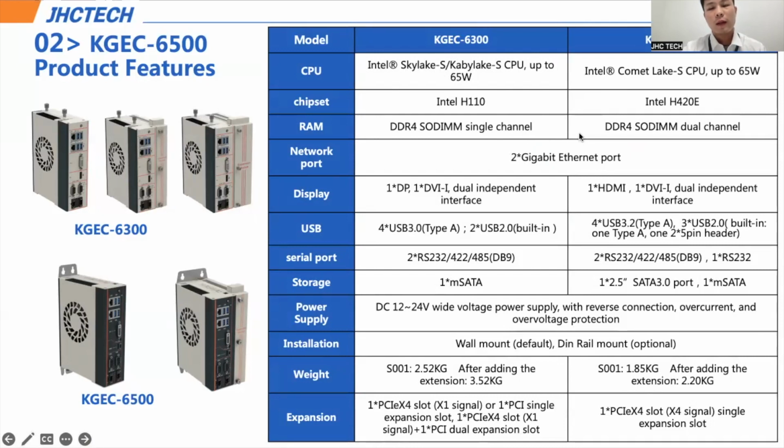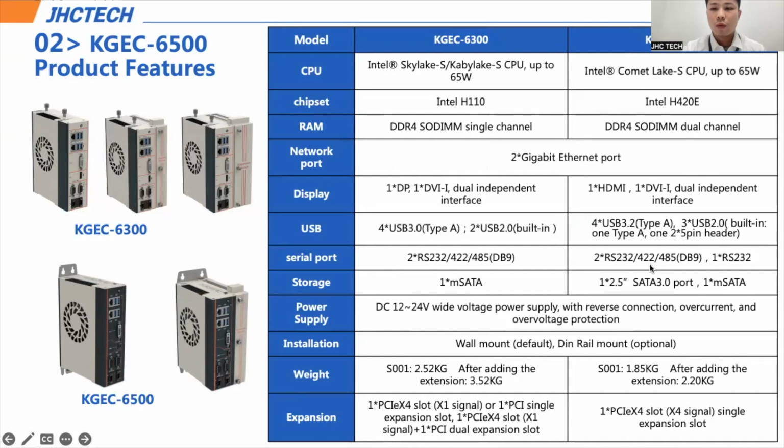The new product can support dual channel memory with DDR4 SODIMM, but the previous product only has single channel memory. These two products both have 2 GbE network ports, and the new product has HDMI and DVI dual independent display. It supports 4 USB 3.0 and 3 USB 2.0, and there is 1 USB inside.